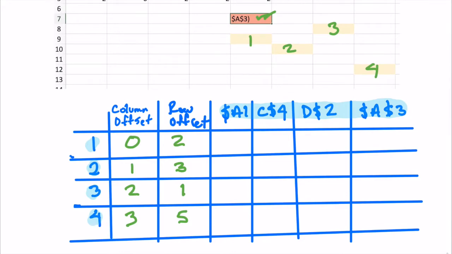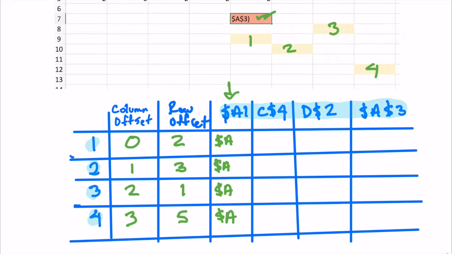What to do next? Let's figure out what happens to the columns for this particular entry, $A1. Because the dollar sign is there, the column index is not going to be incremented. So I can just copy that straight down, and that's going to be the first argument of the pasted sums.